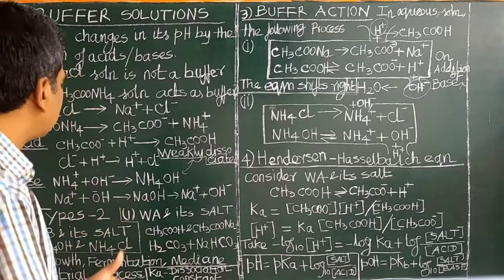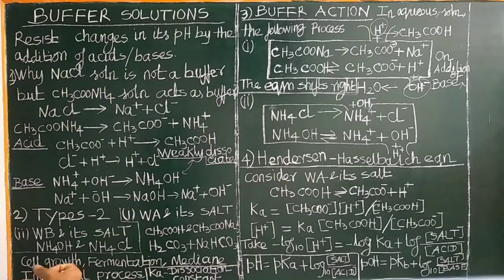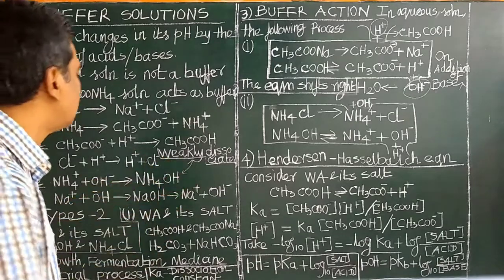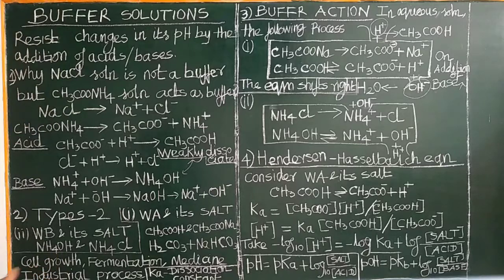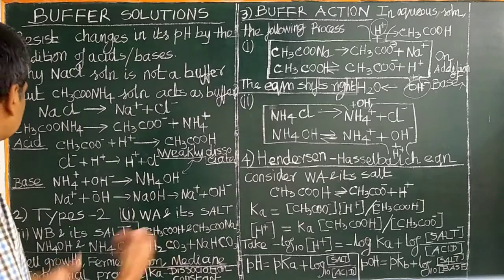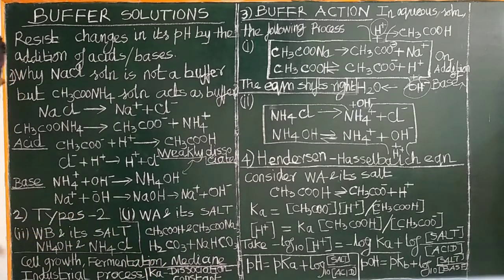Therefore, the OH minus ion is taken up, removed by the ammonium ion to form weakly dissociated ammonium hydroxide. Therefore, there is no change in pH. There is no increase in pH as a result of addition of base.